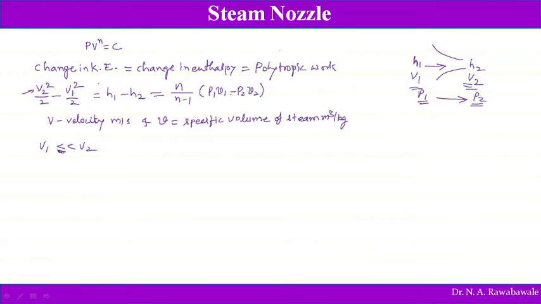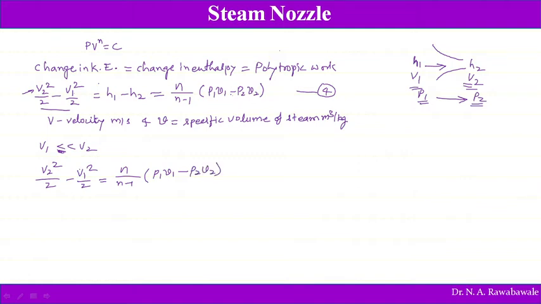So what we can write, we will take these two parts of the above equation, say equation number 4. Taking the first and last parts of this equation, we can write V2 squared divided by 2 minus V1 squared divided by 2, which is equal to n divided by n minus 1, P1 v1 minus P2 v2.